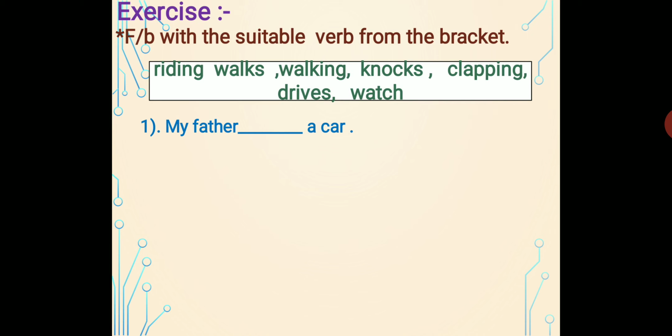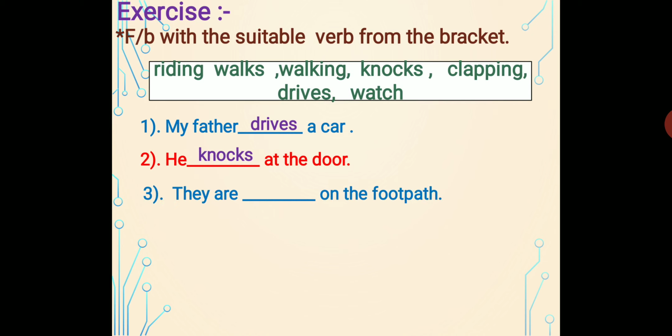Yes, the answer will be drives a car. Correct? Next is he dash at the door. Which verb is suitable? Yes, knocks at the door. And we use the s, es or ies form of the verb because there is no helping verb in the sentence.